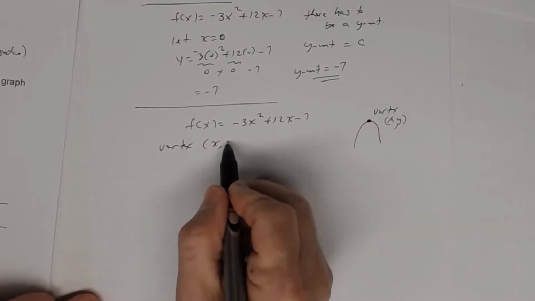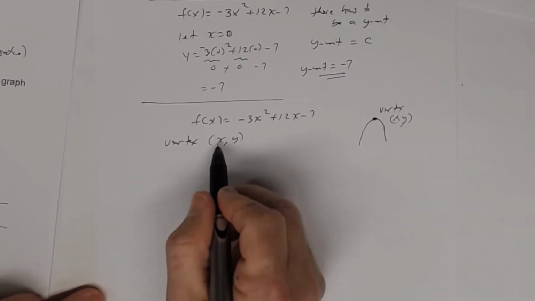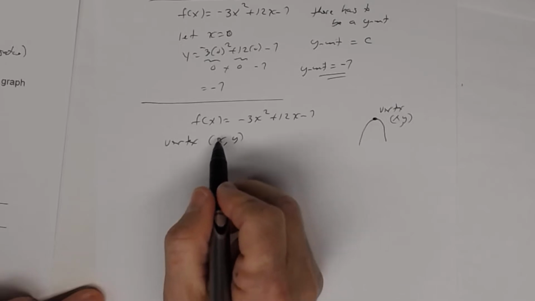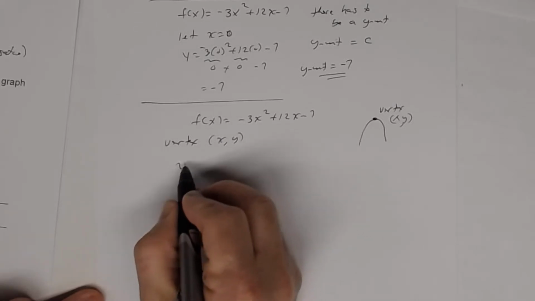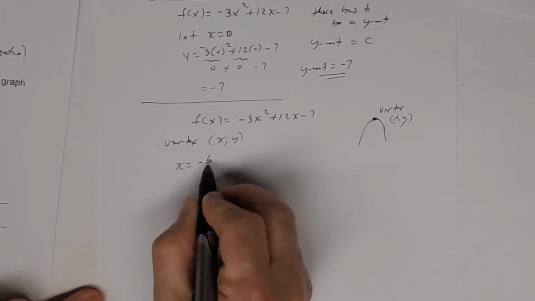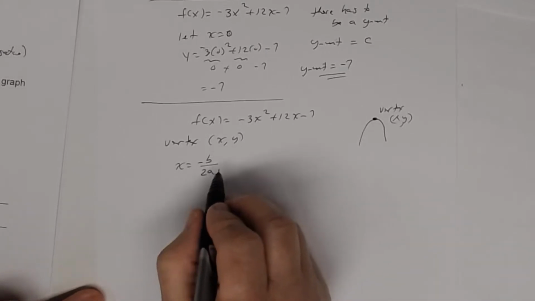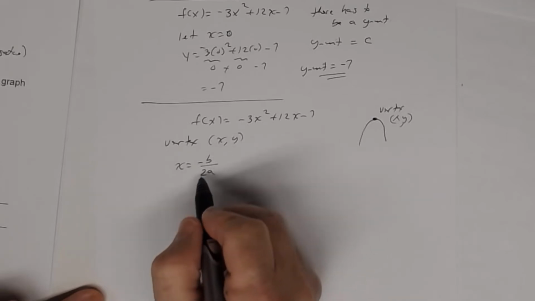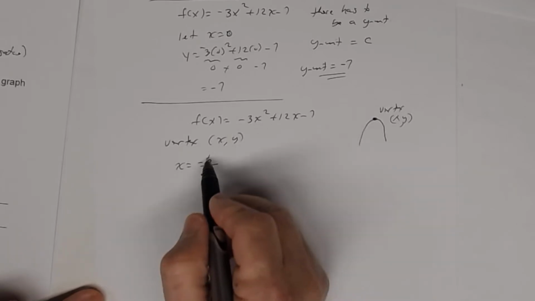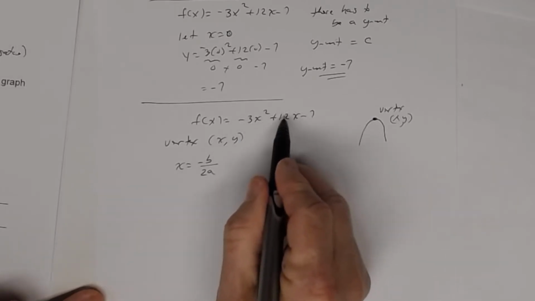To find the x-coordinate of your vertex, you're going to use this formula: negative b, the opposite of b, divided by 2a. So that's the x-coordinate of your vertex. Remember, b and a come from these coefficients up here.